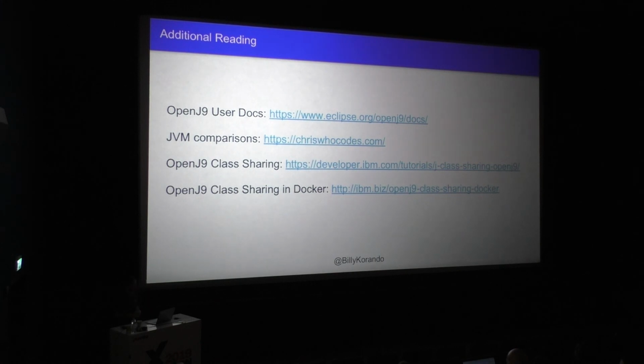And here's some additional reading, so you can find the comprehensive OpenJ9 user docs, where all those options I mentioned are well documented. And there's an interesting article on JVM comparisons there, and a couple of links explaining more about the class sharing options that I described.